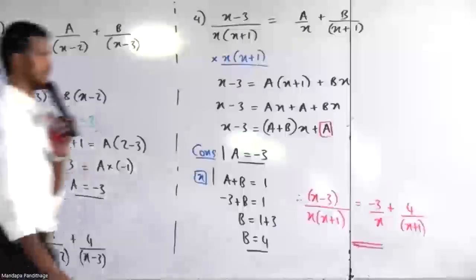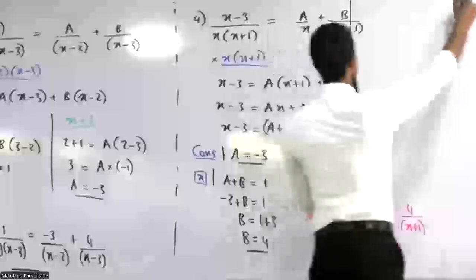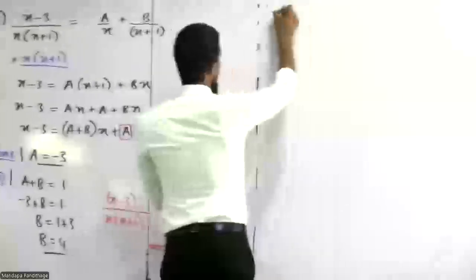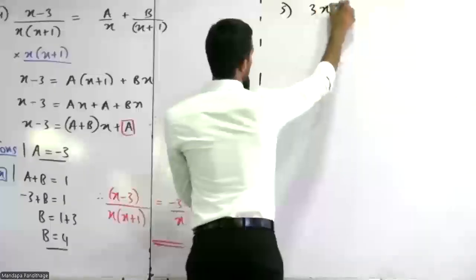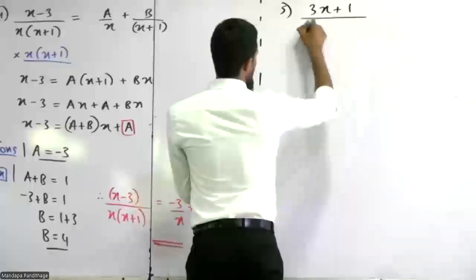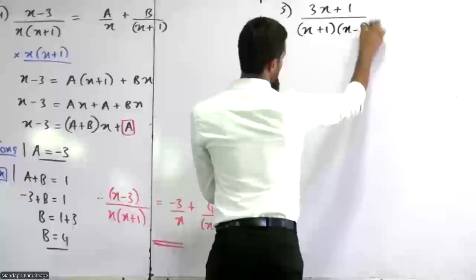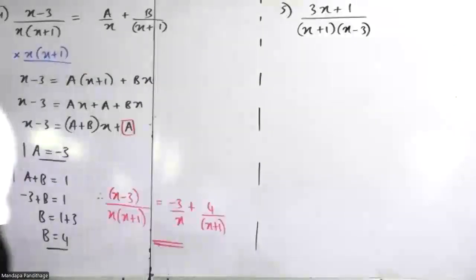Okay, continue the work. I'll do question number 5. 3x plus 1 over x minus 1, x plus 3.